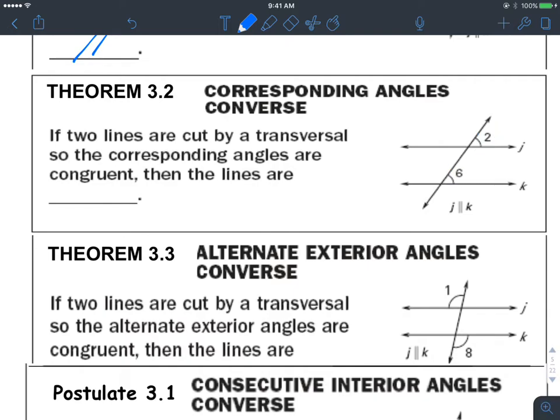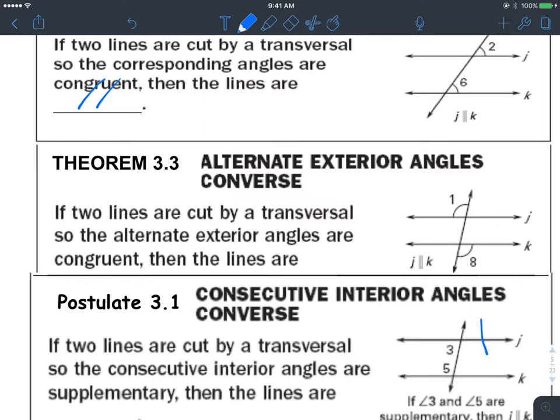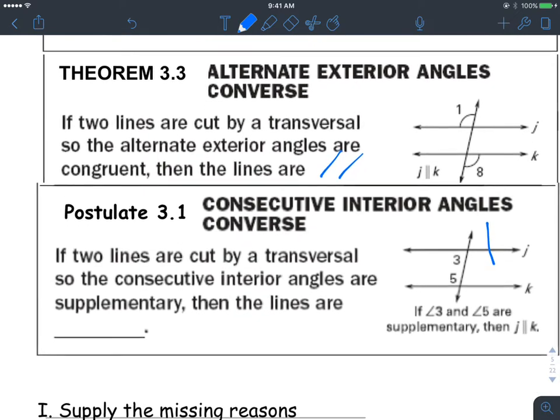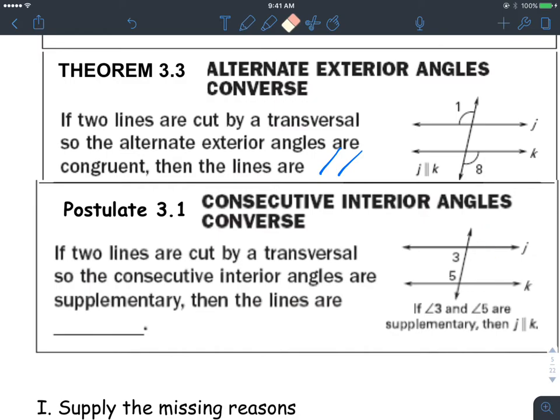Since those are congruent, then we can say the lines that they're touching are parallel. Same thing with alternate exterior angles: the lines are parallel. I guess they left out the blank there. And then the only one that's a little different is the consecutive interior angles. If we say that these are supplementary, then we know that the lines are going to be parallel.